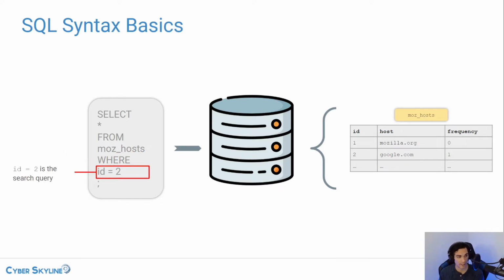We only want to get records where ID equals 2. And hopefully you can guess which record that's going to be. That's going to be this google.com record here. And then we've got a semicolon. All SQL statements are going to end in a semicolon. That's how the database knows that you're done with your statement here.